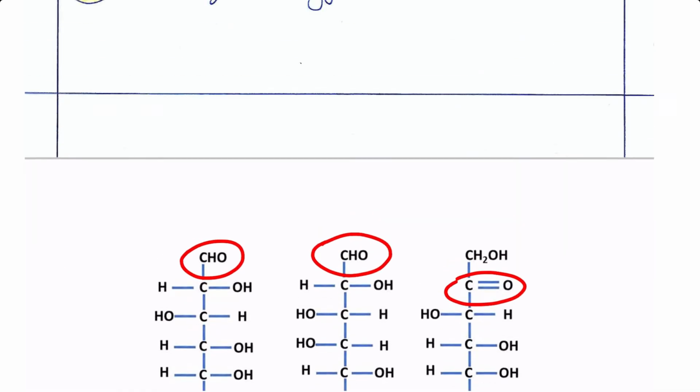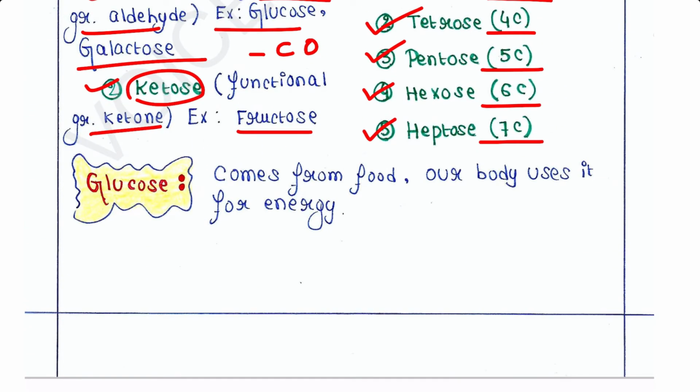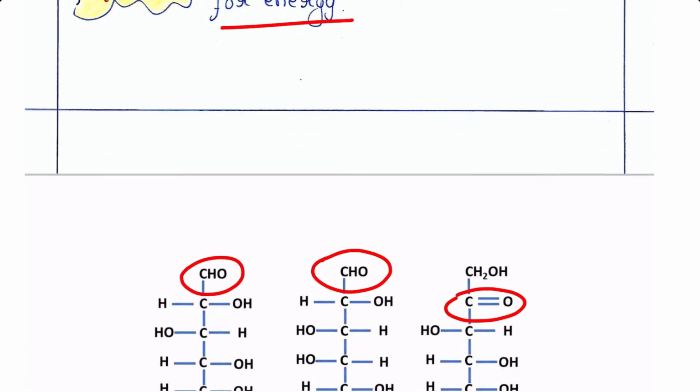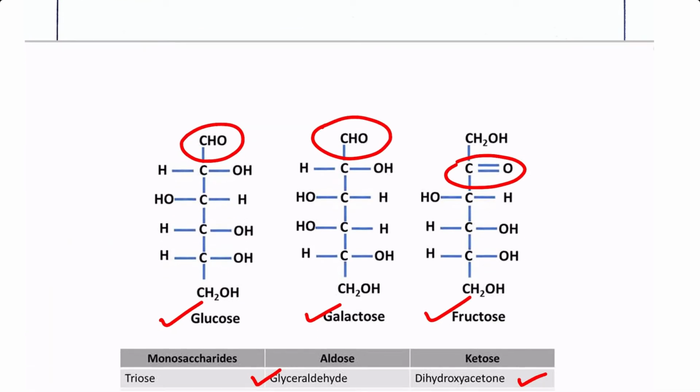Okay. So glucose comes from the food and our body uses it for energy. So glucose contains 6 carbon atoms, 12 hydrogen atoms and 6 oxygen atoms.